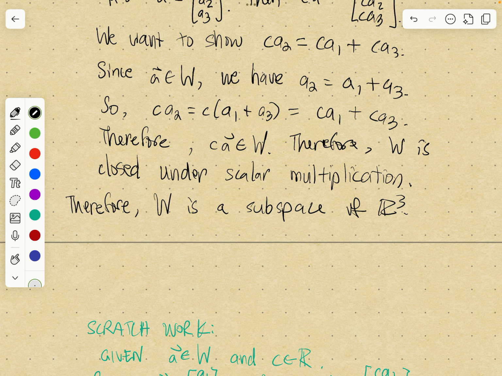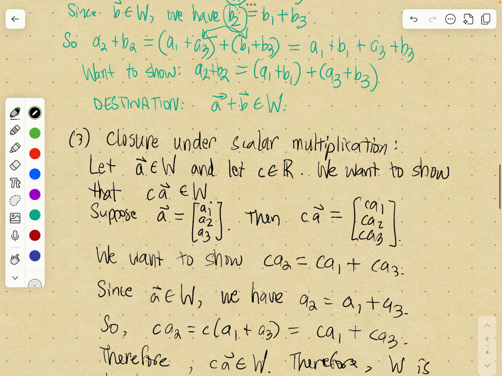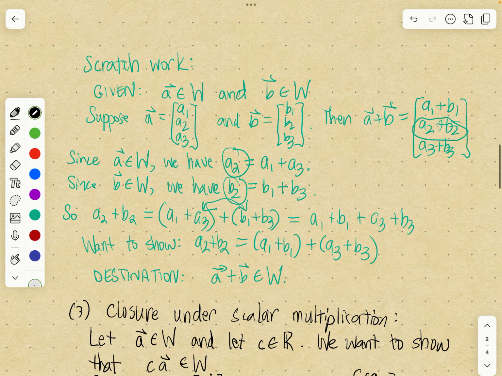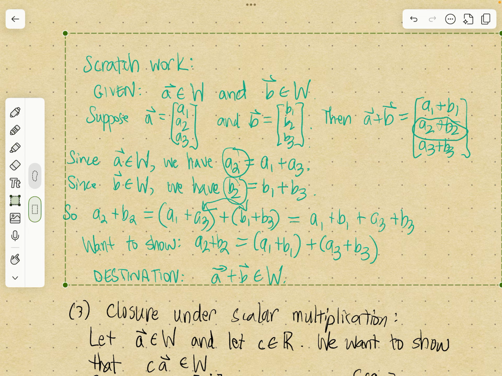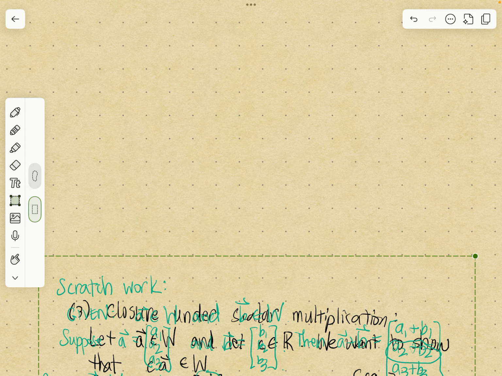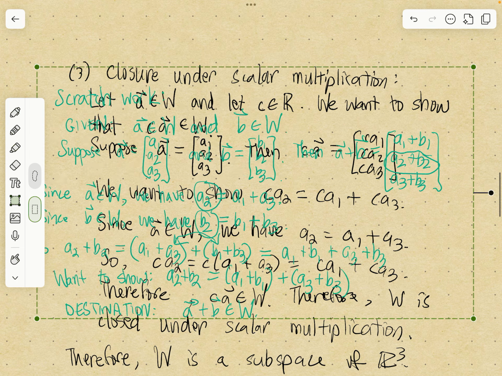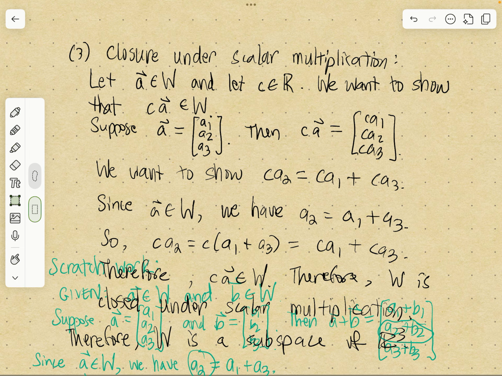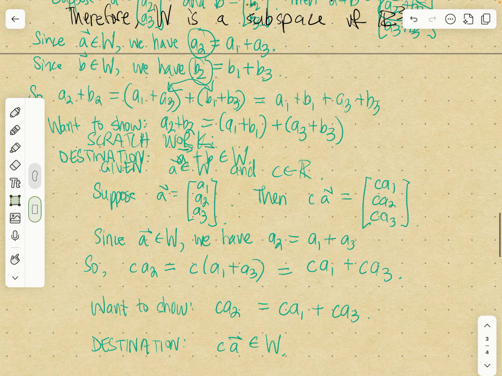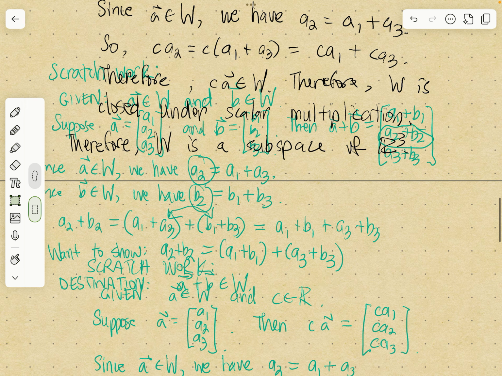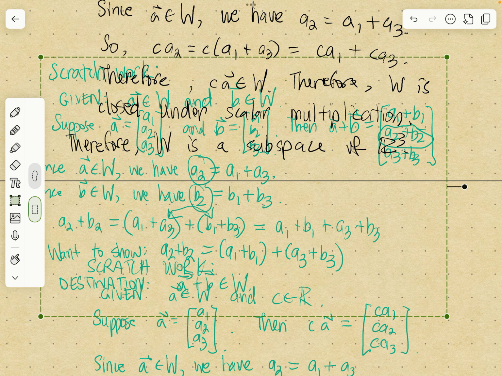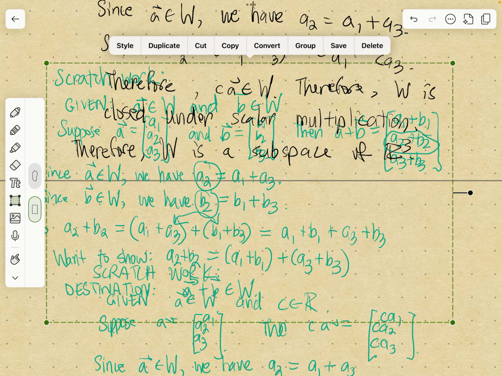Okay, so that would be the entire proof. We can move maybe the scratch work. Oh no, we should not have done that.